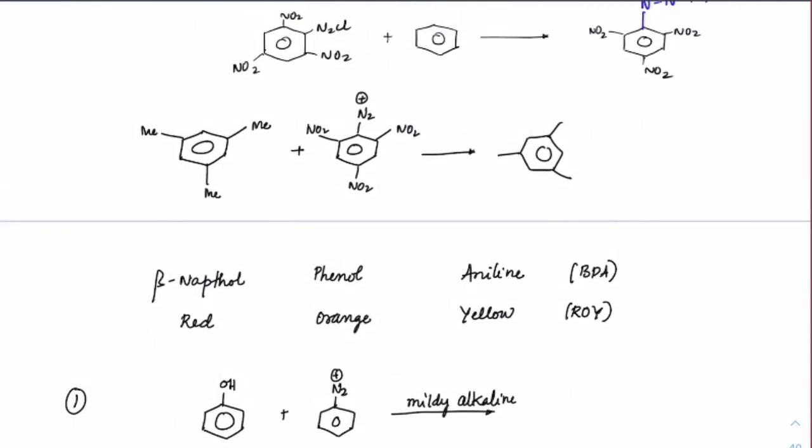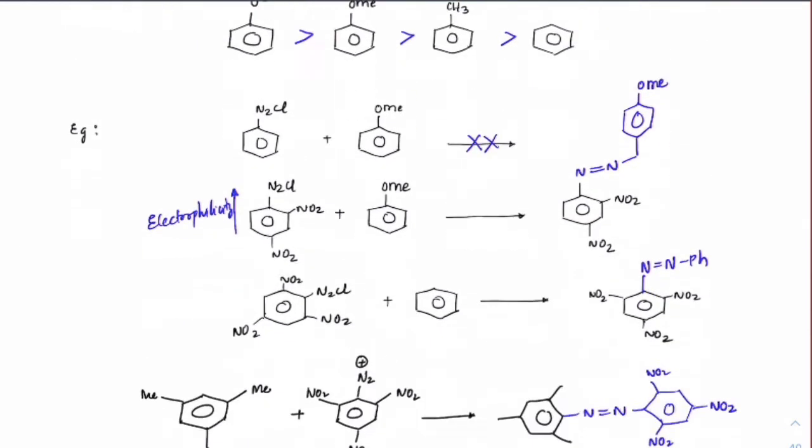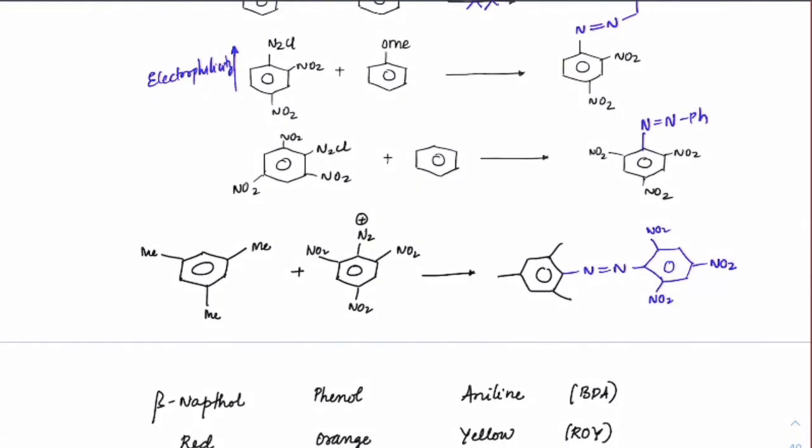Similarly, if I react that with mesitylene also, on this position we can get N double bond N and this. Although it is very crowded, the electrophilicity of the diazonium salt is so high that you will be able to see an azo product. And all azo products are colored.